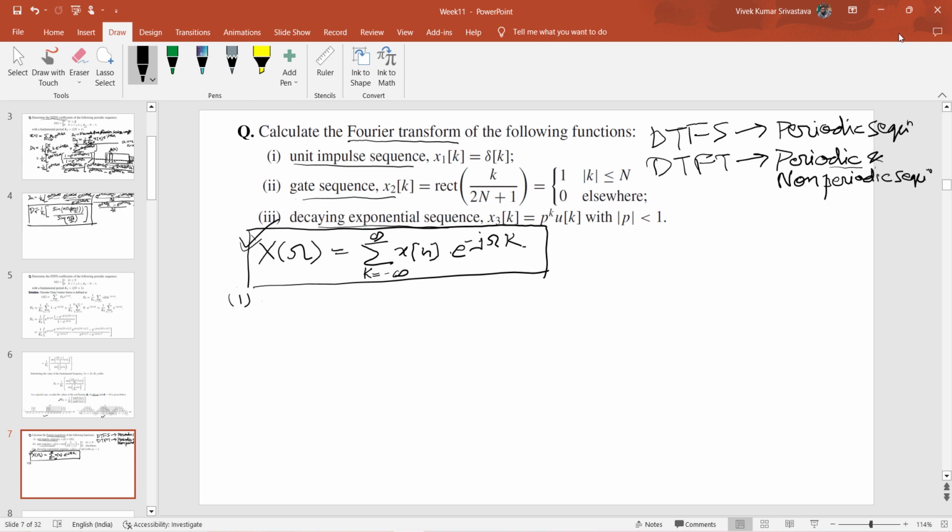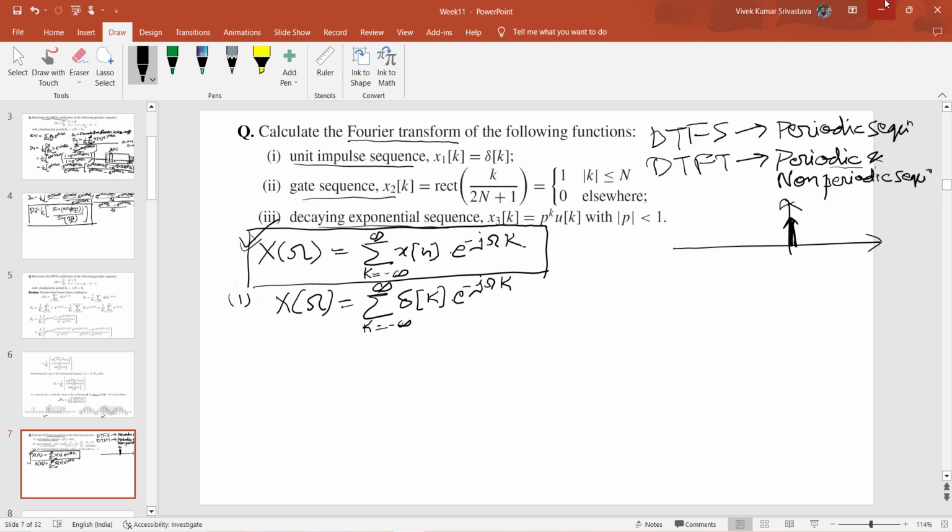So what we have to do is just replace x of n with delta of k: summation k from minus infinity to infinity delta of k into e raised to the power minus j omega k. Here we can see that delta of k is only defined for k equal to 0. Let me plot it here.